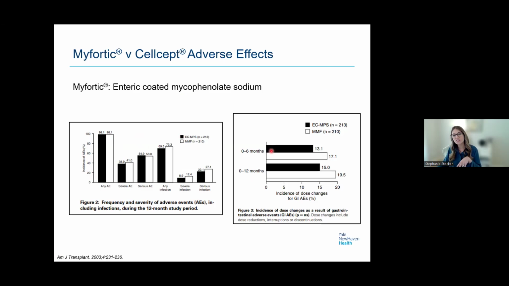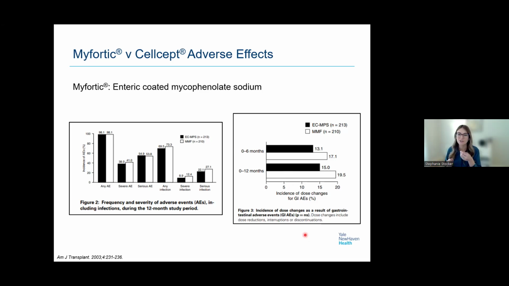There were slightly fewer patients numerically that required dose changes for GI side effects on myfortic, but it wasn't statistically significant. And this kind of makes sense because while some patients will take the medication and within an hour have an upset stomach or some sort of GI side effect, really a lot of times the diarrhea we associate with the drug is from its actual toxic effects on crypt cells and GI cells and sloughing in the GI tract.